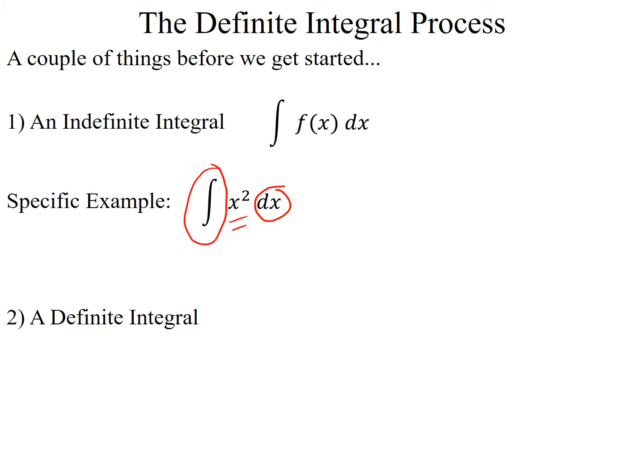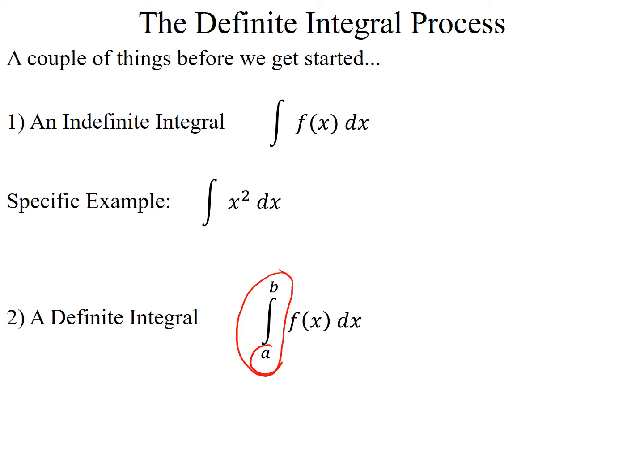For a definite integral, the difference is you're going to see numbers on the integral sign. So for a definite integral, the notation looks like this. Again, we have this fancy integral symbol, but now there are numbers. There's a number on the bottom there, and there's a number on the top there. And then we still have a dx on the side and a function in the middle. So the real difference as far as notation goes is for an indefinite integral, we have this integral symbol, no numbers on it.